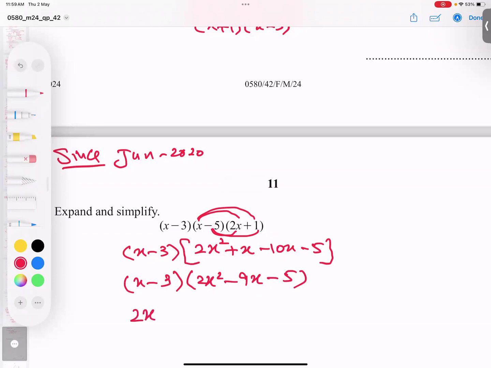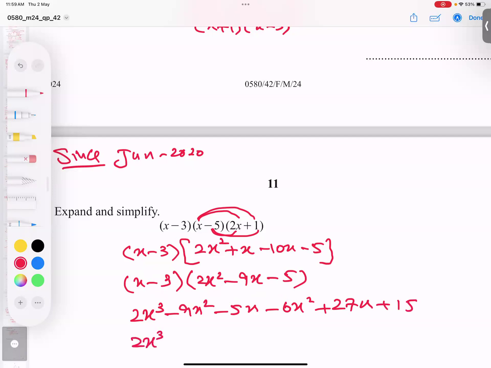Do it carefully. 2x to power 3, -9x to power 2, -5x. Now this -3 will multiply all. -6x to power 2, negative, positive 27, negative, positive 3 5s are 15.